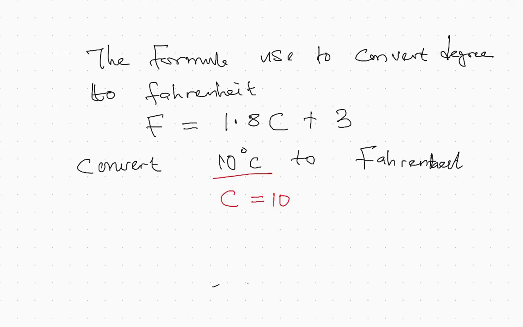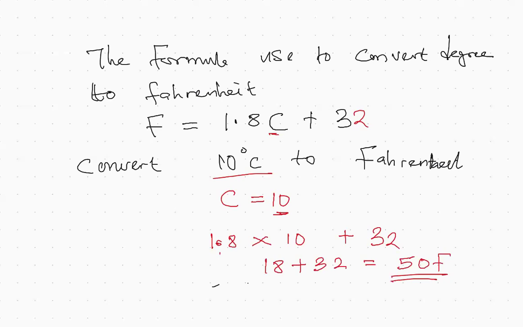That gives you 1.8 times 10 plus 32. You can do that on your calculator. 1.8 times 10 gives you 18, plus 32. That's going to give you 50. So it's about 50 Fahrenheit. That's another typical example you can look at.